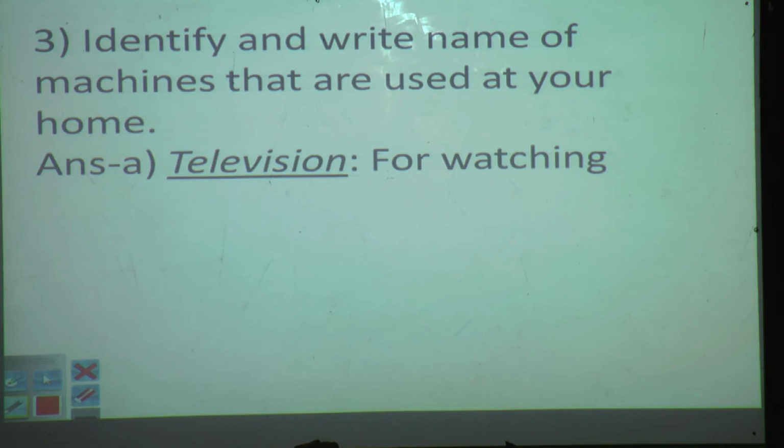Identify and write the names of machines that are used at your home. Which machines are we using at home? First is a television. Everyone likes watching television. And what is the use of television? For watching.